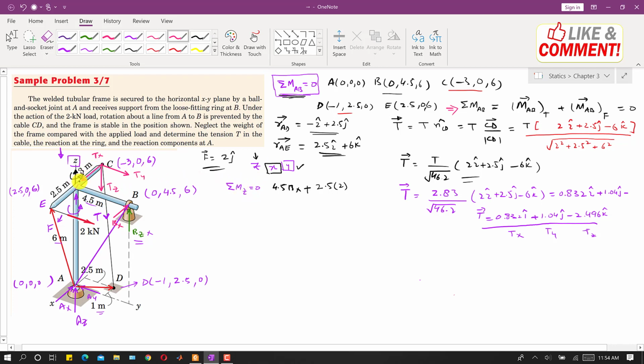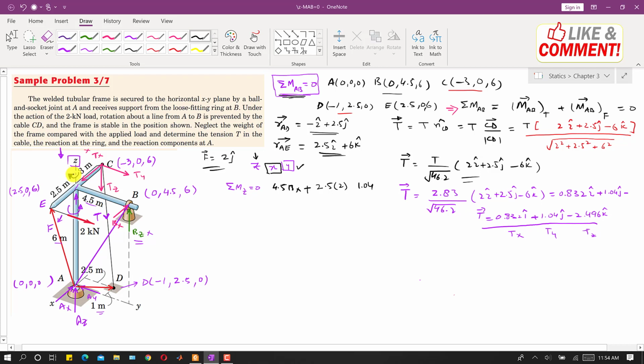Now we are finding the moment along the Z axis. This Tx is passing through the Z axis, it is intersecting, so it will not produce any moment about Z. This Tz is parallel to the Z axis, so only this Ty is producing the moment about Z. So we will consider that Ty in this equation. Ty is 1.04, so I will write 1.04, and this Ty will produce the moment about the Z axis in this direction.